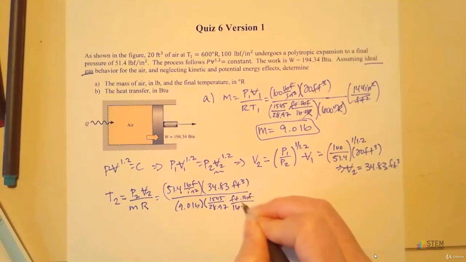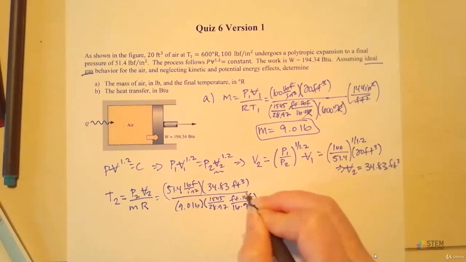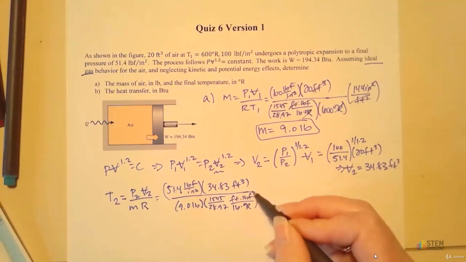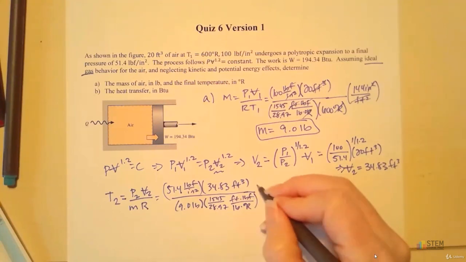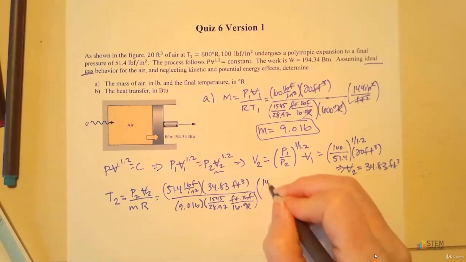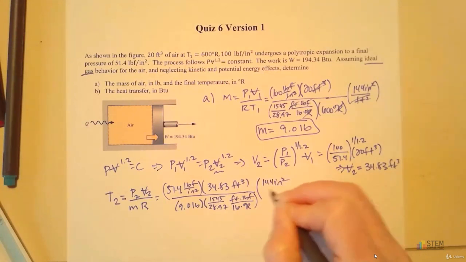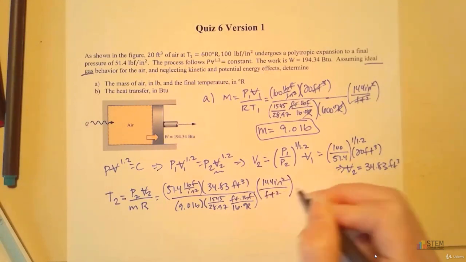And again, that's foot-pound force per pound degree Rankine. Now again, here you're going to have to get rid of the inches squared. So let's do 144 inches squared per foot squared.